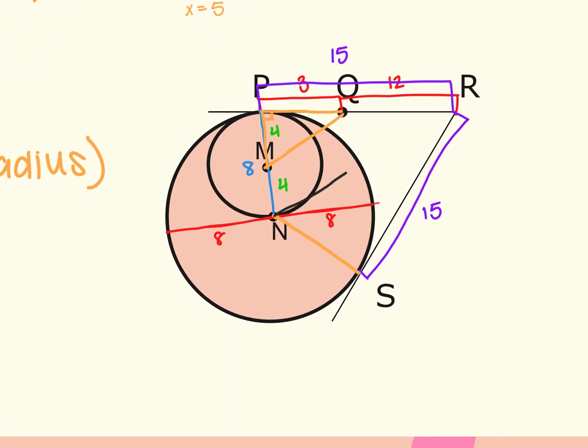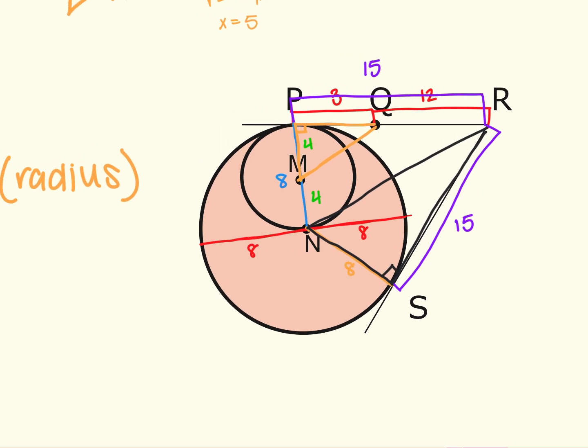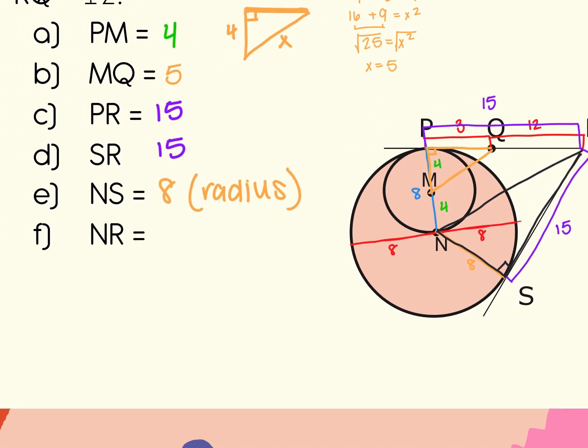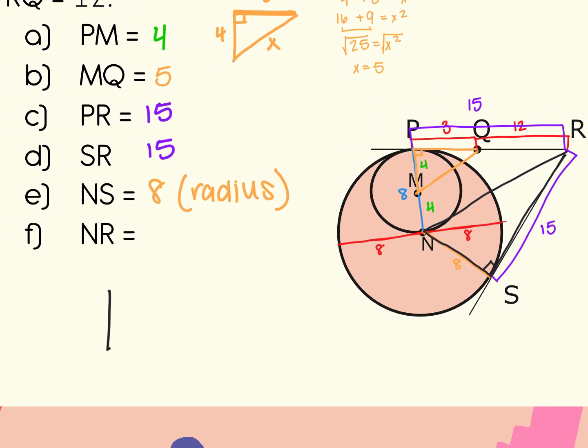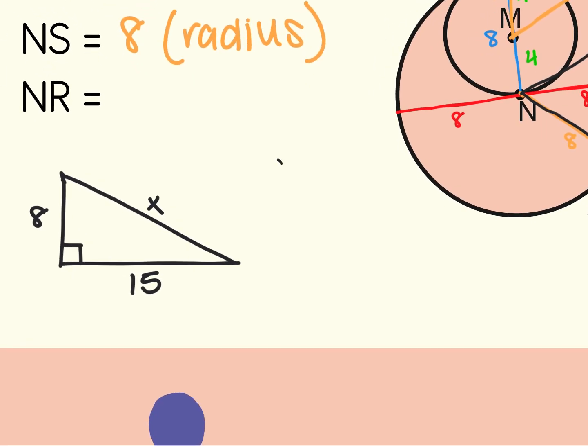So again, here's NR in my black line. I have my tangent and I have my radius, so I have a 90-degree angle, and we did say that this was 8 here, so I'm going to label it. Solving for NR, I have my right triangle. I have 8, I have 15, and I'm solving for my hypotenuse. Using the Pythagorean theorem, I have 8 squared plus 15 squared equals x squared.